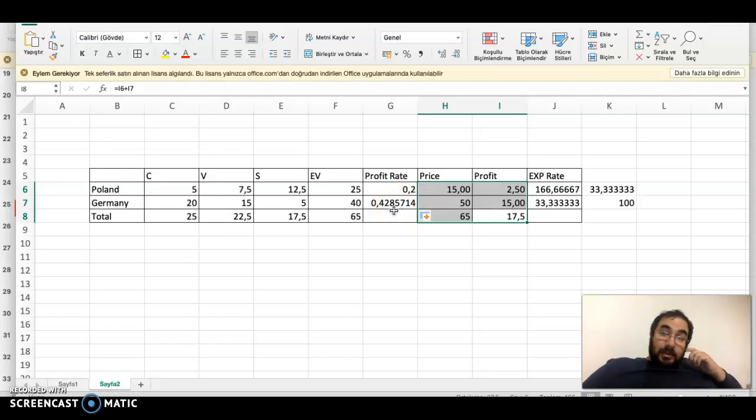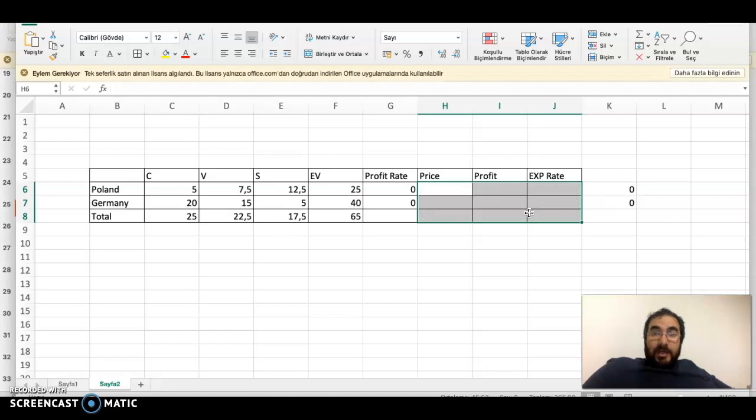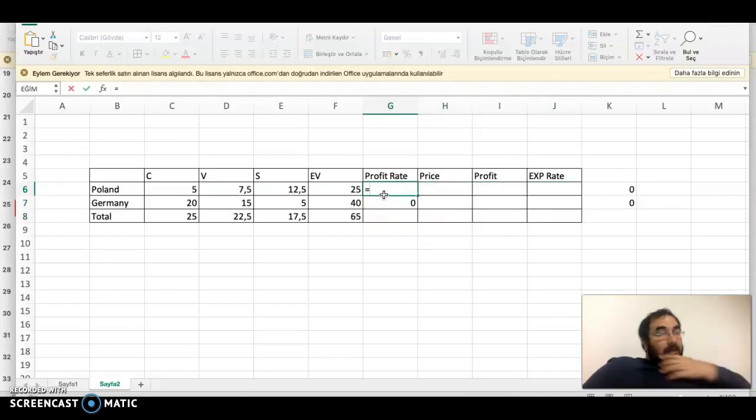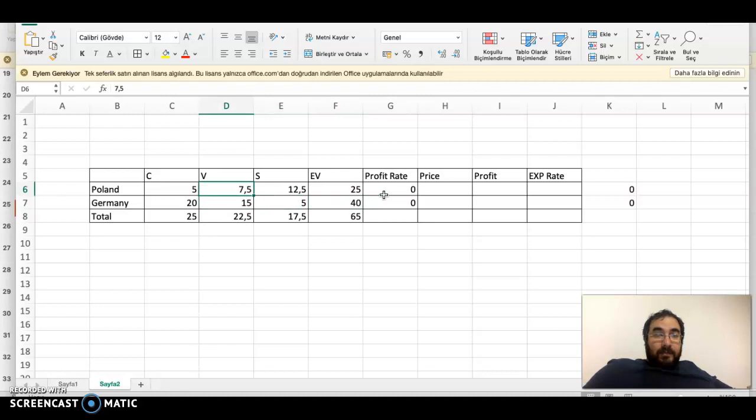To do that, let's start from the very beginning, with the case where the countries are, let's say, independent.